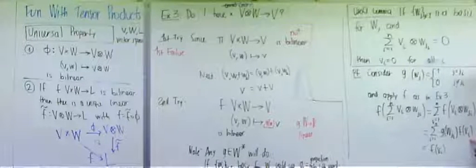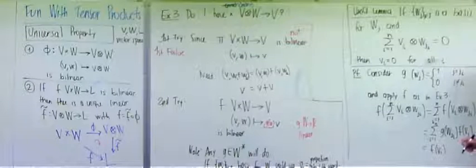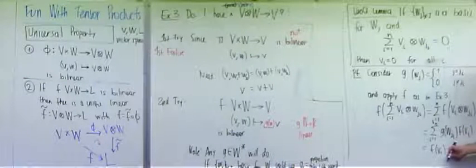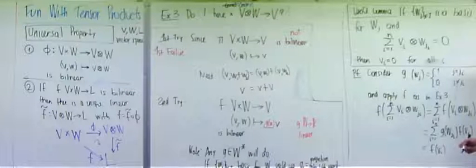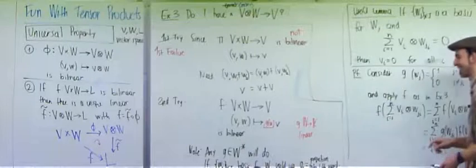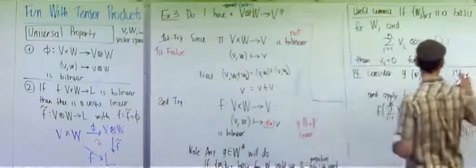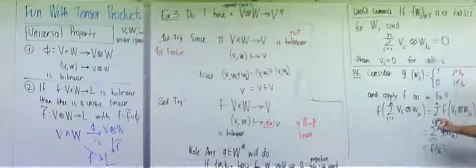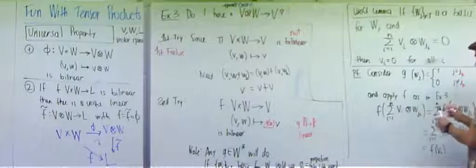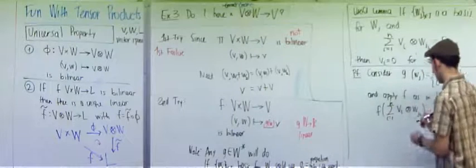Everything died except for f of v_i. I is a running index in one case, and you end up with an i on the outside. Let me call this k. You guys are sticklers, that's good.